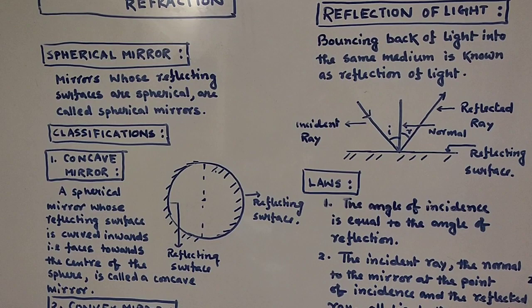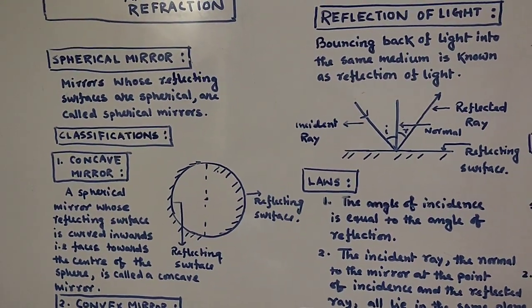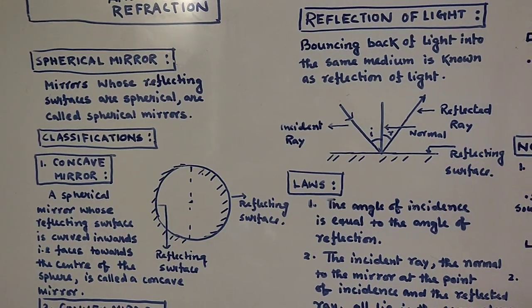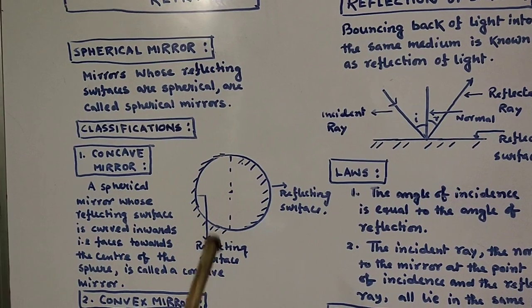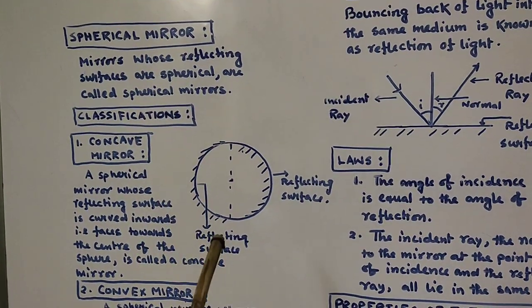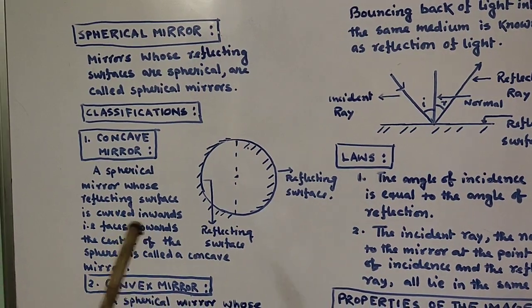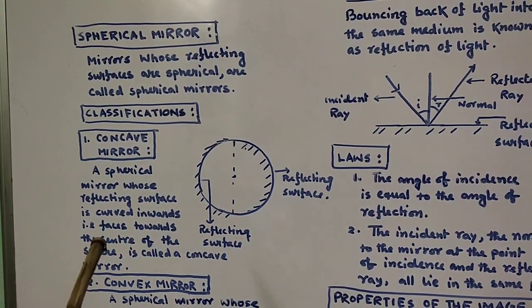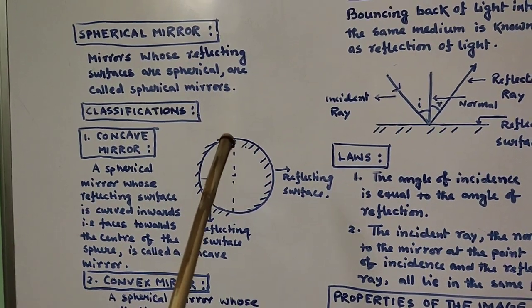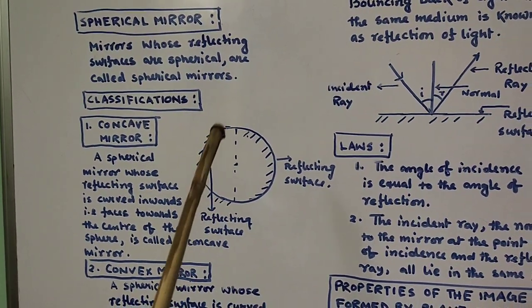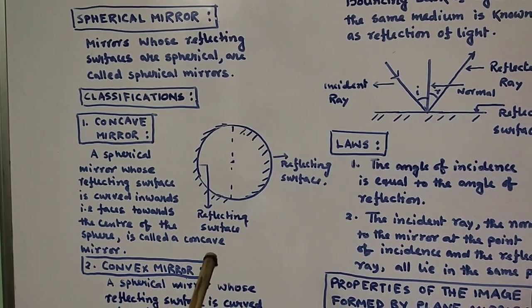There are two types of spherical mirror: one is concave, another is convex. In the concave mirror, the inner surface is reflecting and the outer surface is non-reflecting. A spherical mirror whose reflecting surface is curved inwards, that is, faces towards the center of the sphere, is called a concave mirror. This is the reflecting surface, and that dashed part is the non-reflecting surface.